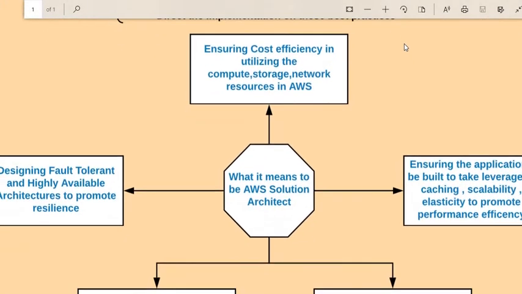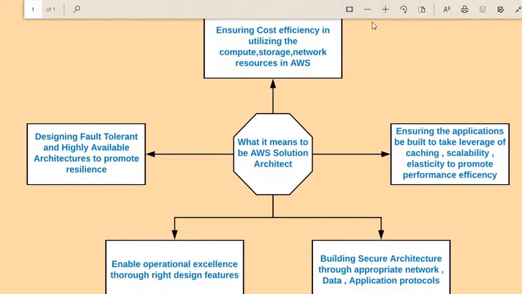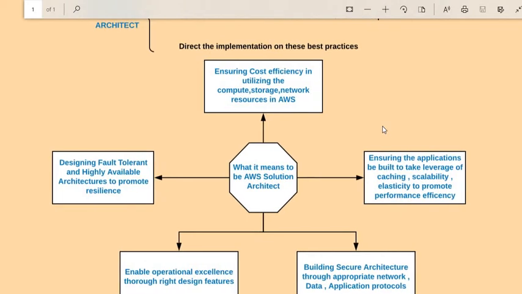Now, what exactly does it mean when we say AWS Certified Solutions Architect? As you can see over here, there are 5 building blocks that ensure that you are following the practices laid down by AWS for highly available, fault-tolerant, resilient architectures.